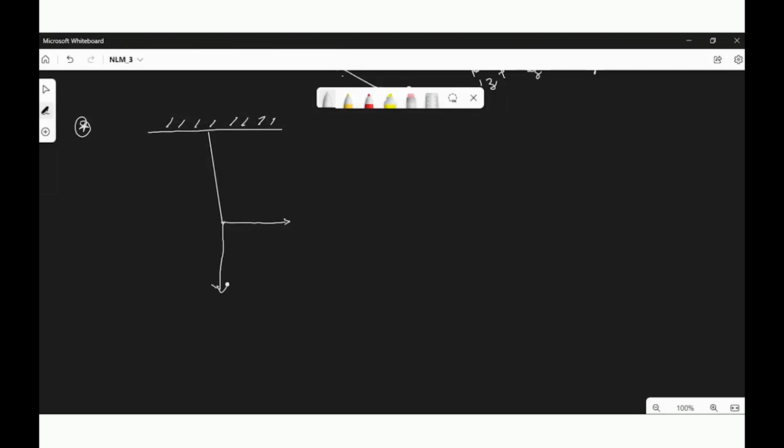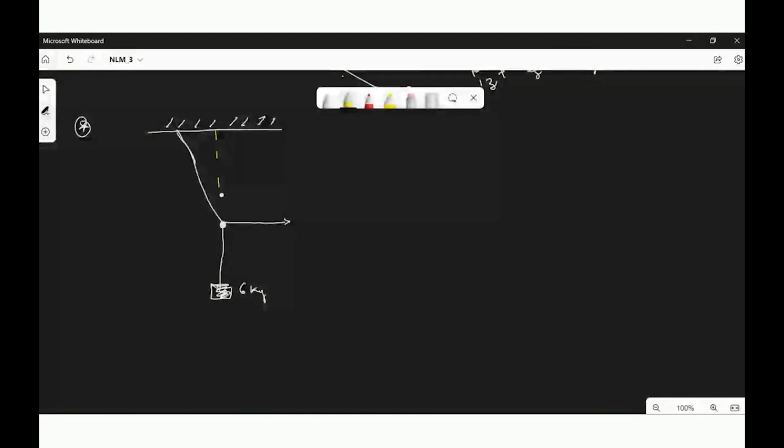Vertically downward you have the mass, which is 6 kg. So what is the angle that is made with the vertical?